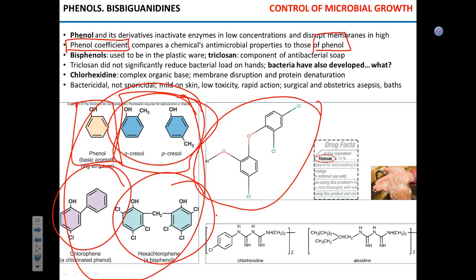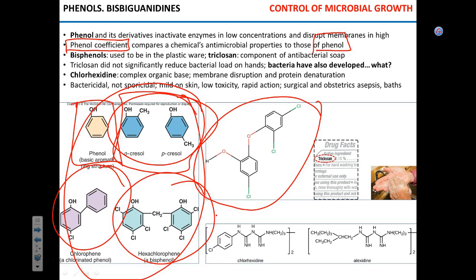To make things even worse, later tests showed that triclosan, at the concentrations that we used in the soap, had very limited, if any, effectiveness against bacteria. Multiple studies showed that regular soap and antibacterial soap have practically no detectable difference in how they reduce microbial load on your hands.